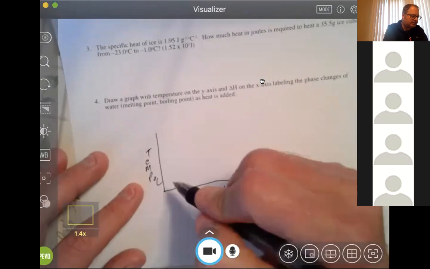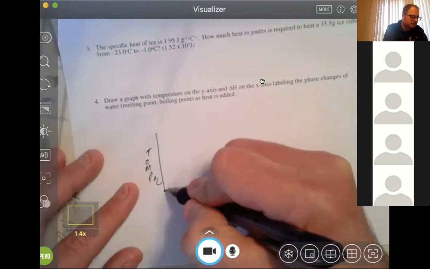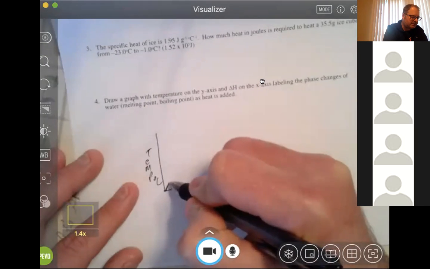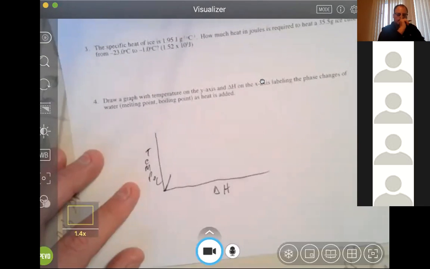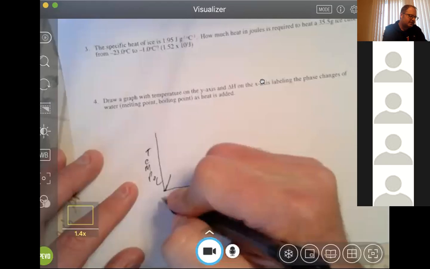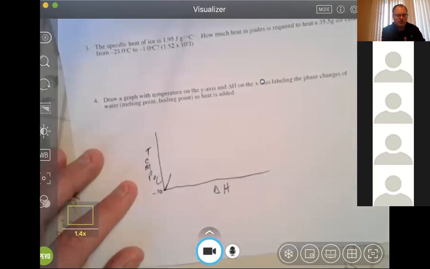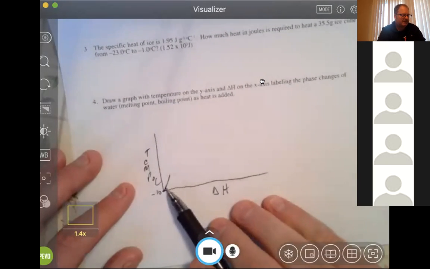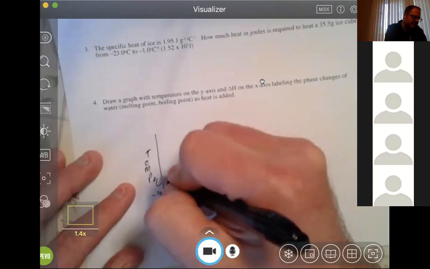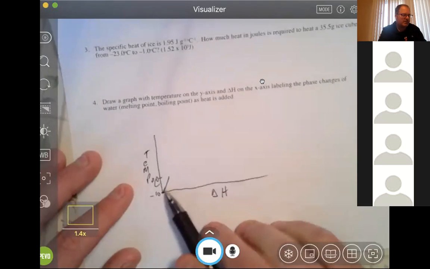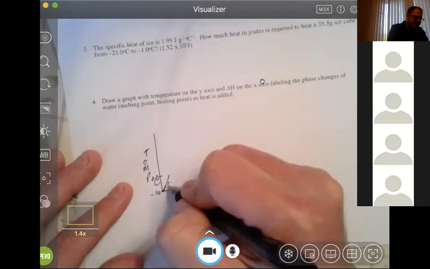So if we take a look, we start here. And let's go ahead and put -10. At -10 degrees up to 0 degrees, that's going to be a solid. That's going to be ice.